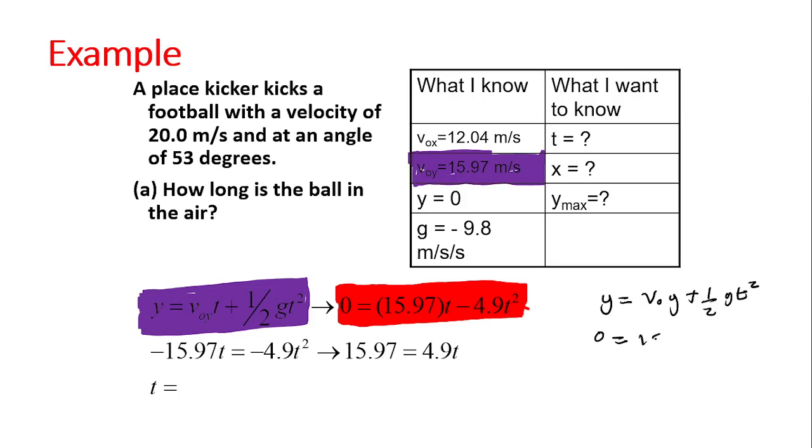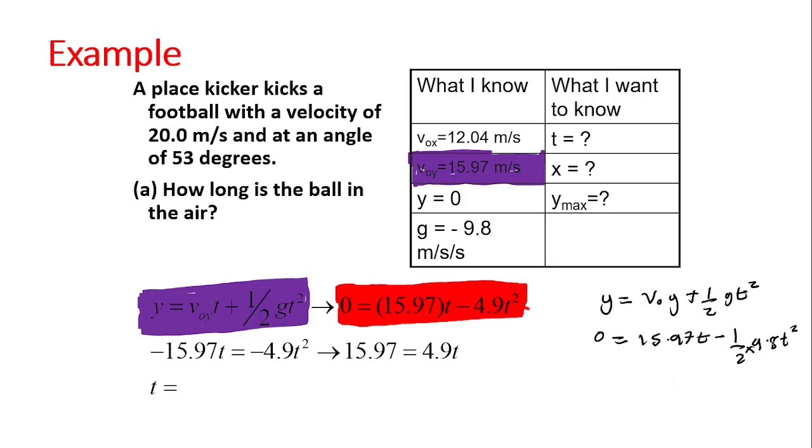So it is 15.97t minus, we are treating going up as negative, minus half 9.8 t squared.